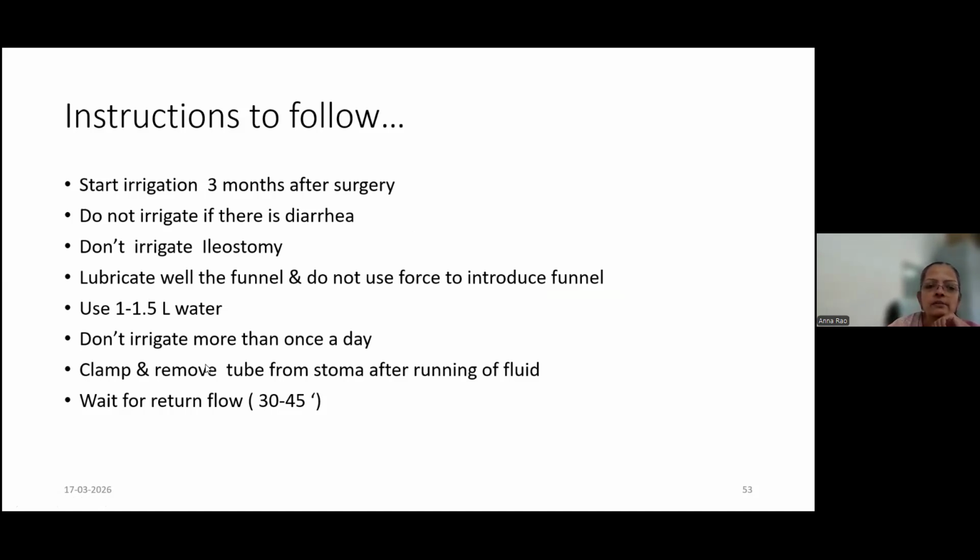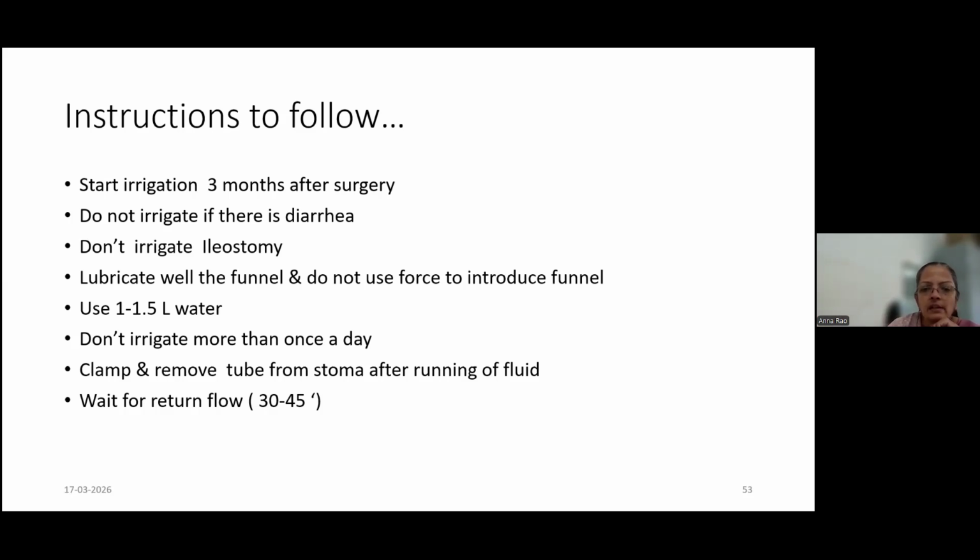The amount is 1 to 1.5 liters, and it should not be very fast. Flow can be regulated with the regulator, so slowly it should go. It will take around 15 to 20 minutes, and then the patient has to wait for half an hour for the return flow. So the patient also needs some time to spend inside the toilet.